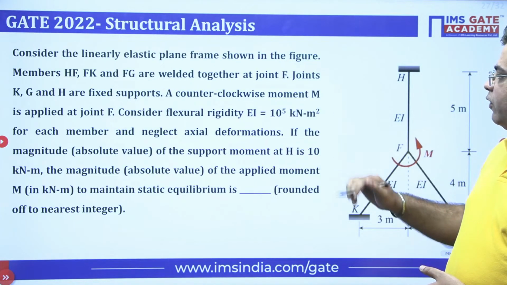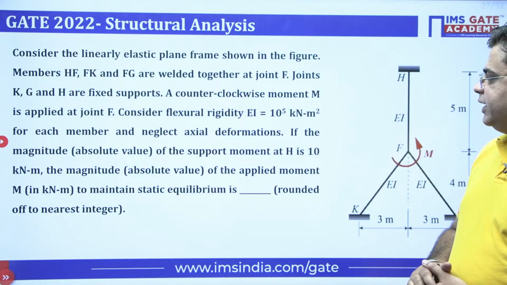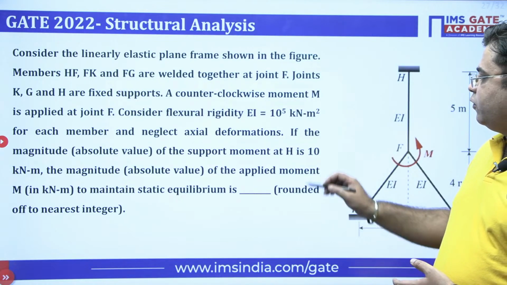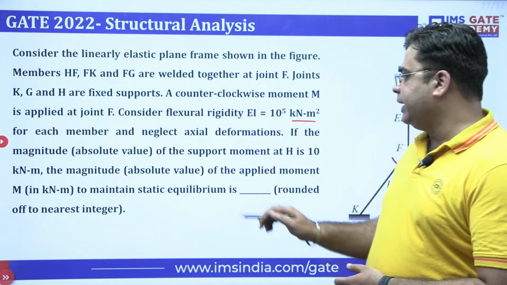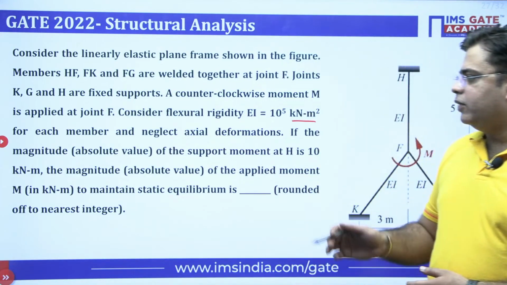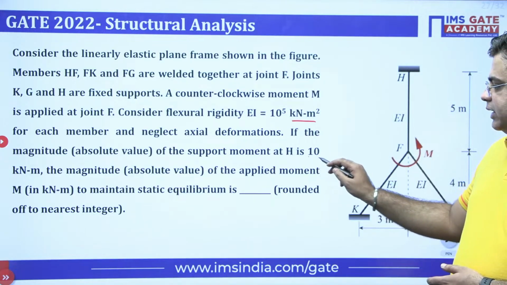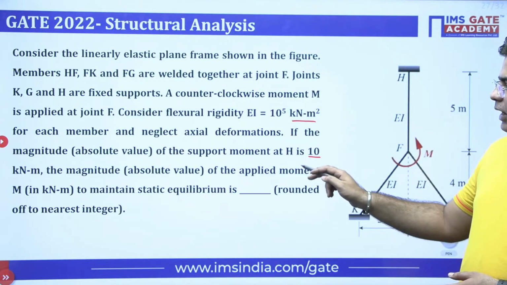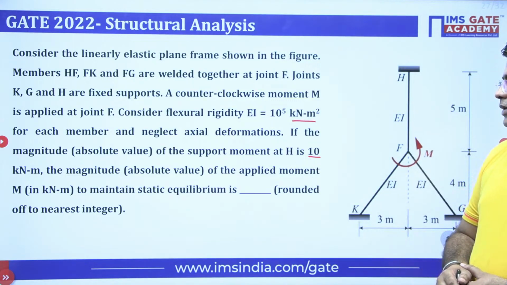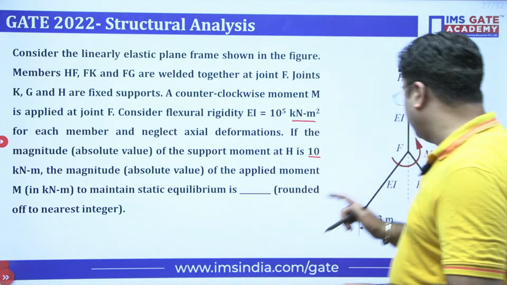The counterclockwise moment M is applied at joint F. Consider flexural rigidity EI is equal to 10 raised to power 5 kilonewton per meter square for each member and neglect axial deformations. If the absolute value of the support moment at H is 10 kilonewton per meter, the magnitude of the absolute value of the applied moment M to maintain the static equilibrium is. So basically you need to find out this moment value M.